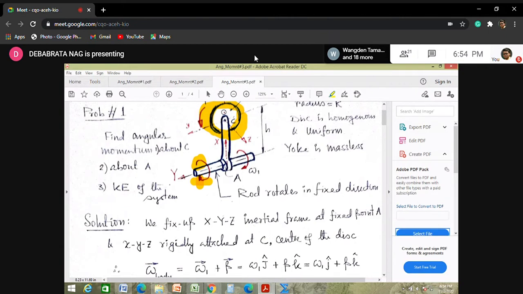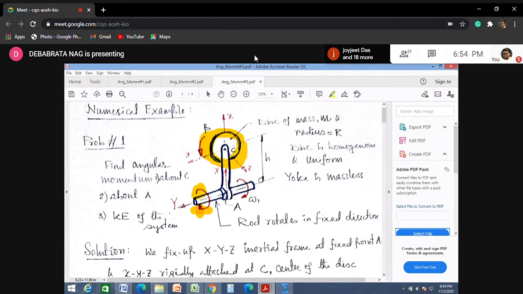One is about this z-axis. Instantaneously at this instant, this xyz was fixed at the arm or the yoke at the point C, which carries the bearing.